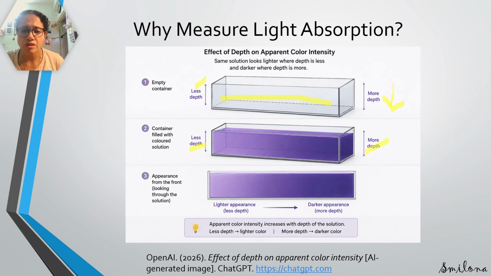Why is this so? This is because when light is traveling through the container, it is crossing a larger number of molecules on the side which has more depth. So more of the light is getting absorbed, therefore the solution appears darker.